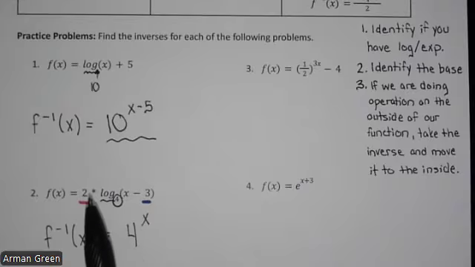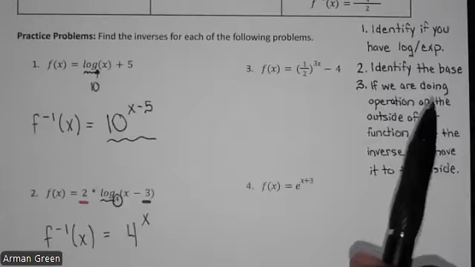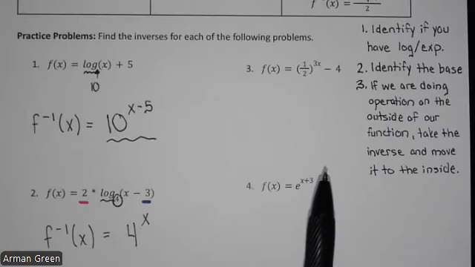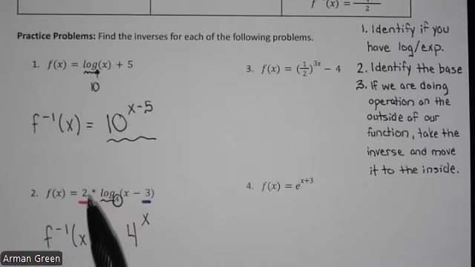All right, you might notice that this 2 on the outside of our function is being multiplied because that's the operation right here. So if we have something on the outside of our function, take the inverse and move it to the inside. So we are multiplying by 2 on the outside of our function. The opposite of multiplying is dividing.